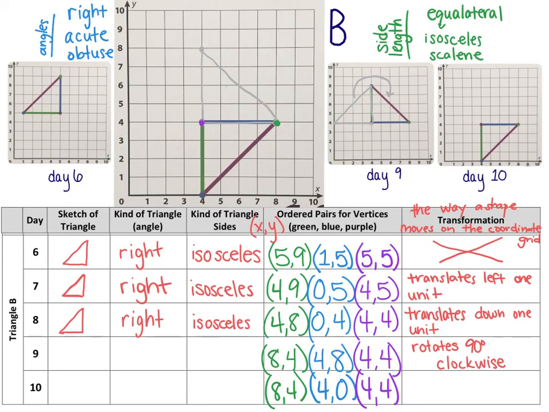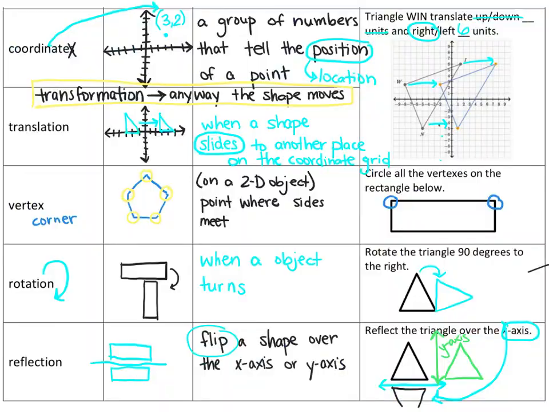So really, it just kind of folded over. On our geometry vocabulary, if two of the points are the same, and it just flips over the x-axis or y-axis, which ours flipped over the x-axis because it was going side to side, we call that reflection.